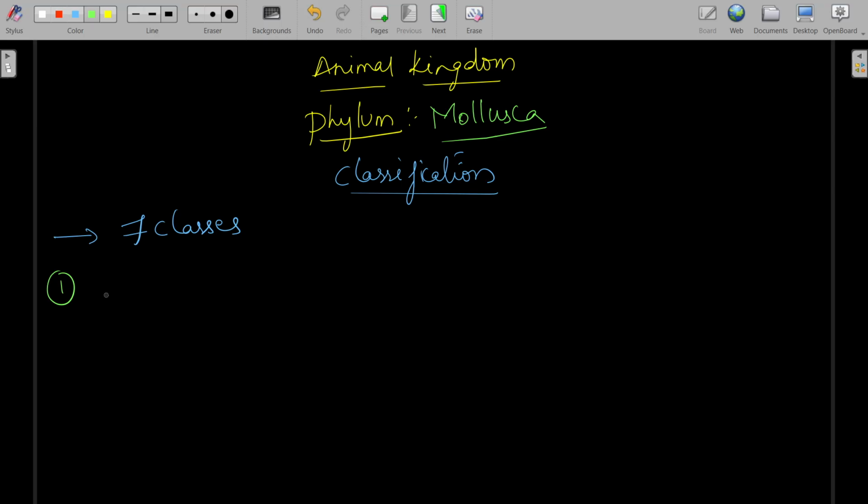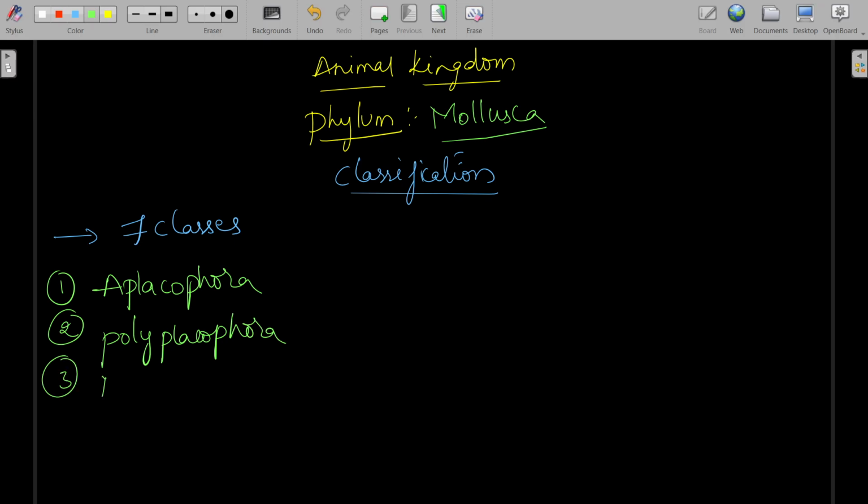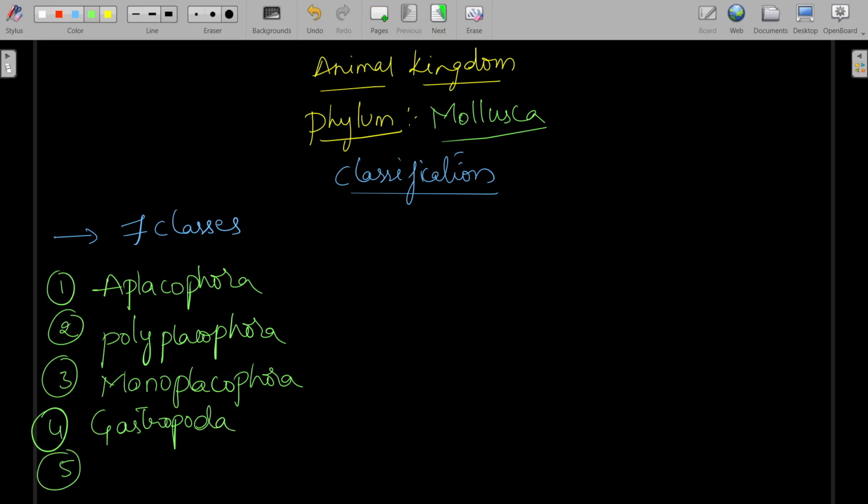The first class is Aplacophora. Second is Polyplacophora. Third is Monoplacophora. The fourth is Gastropoda. Fifth is Scaphopoda.